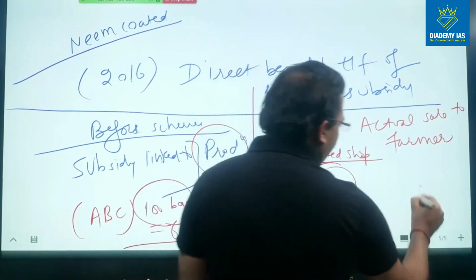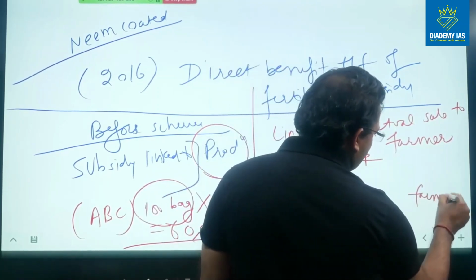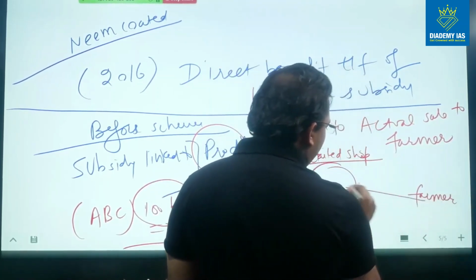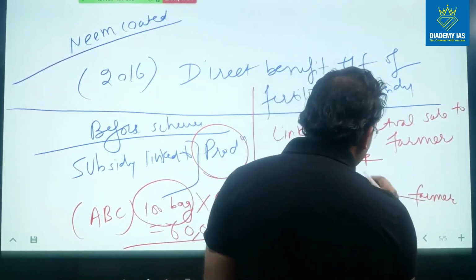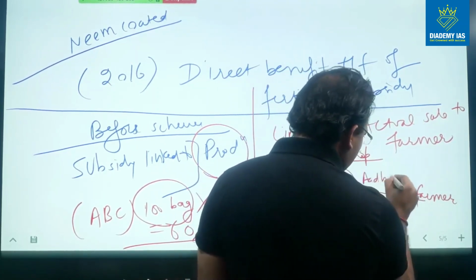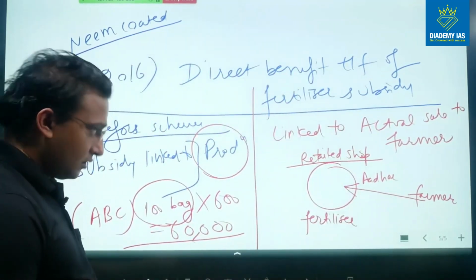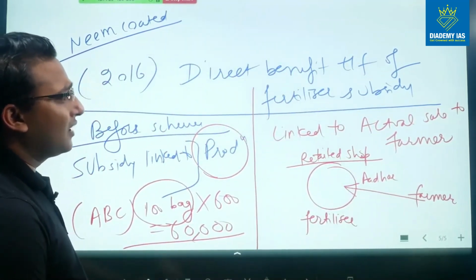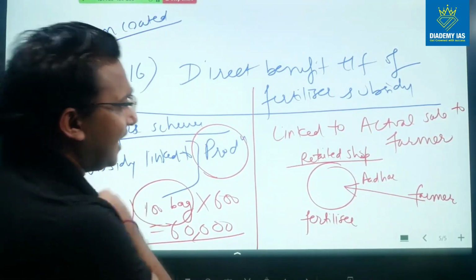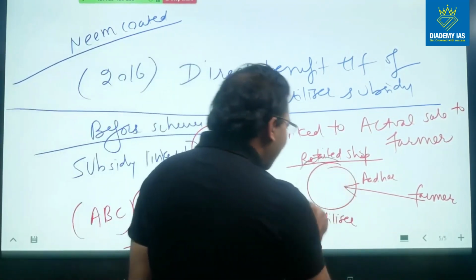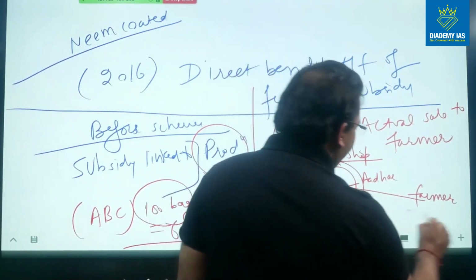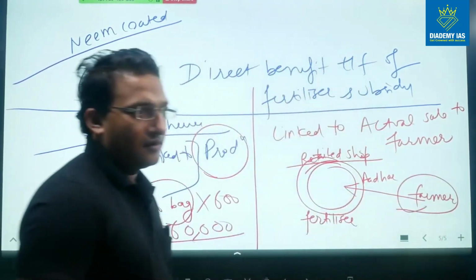So a person comes to the shop. The person will show the Aadhaar card, and based upon this Aadhaar card, the government can identify whether the person is a farmer or not a farmer, right?